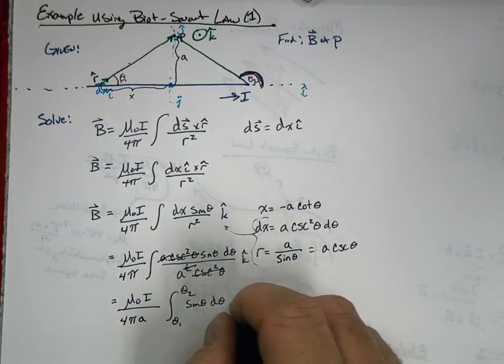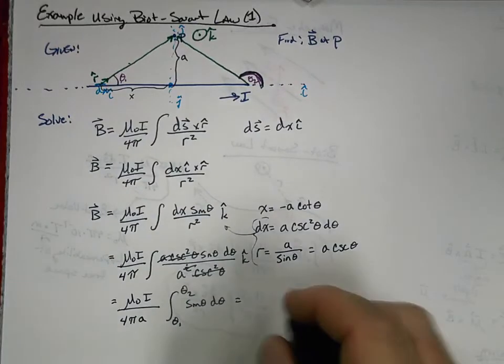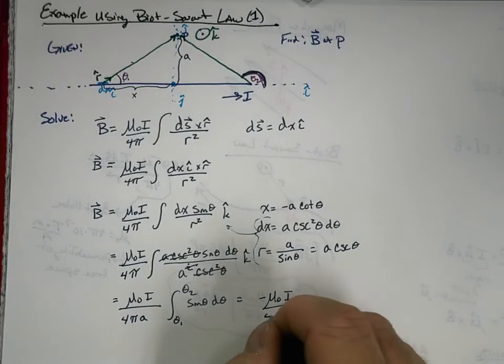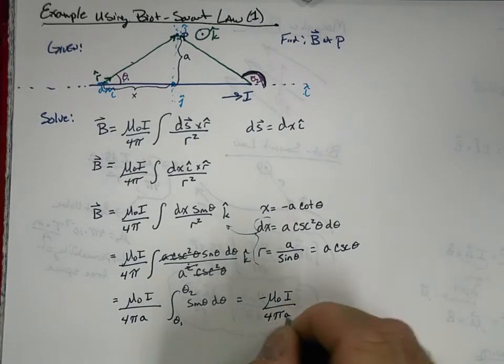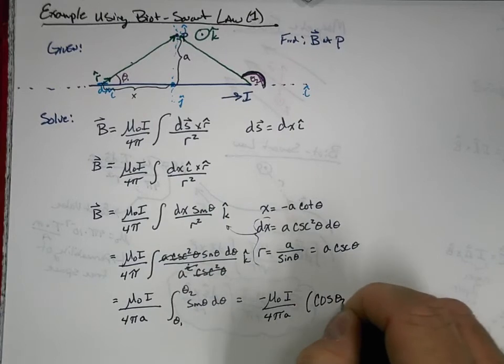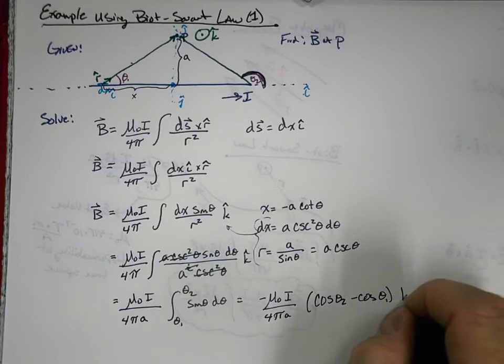Now, what does this equal? Well, the integral of sine theta is negative cosine, so that gives us negative mu naught I over 4 pi a times cosine theta 2 minus cosine theta 1, k hat.